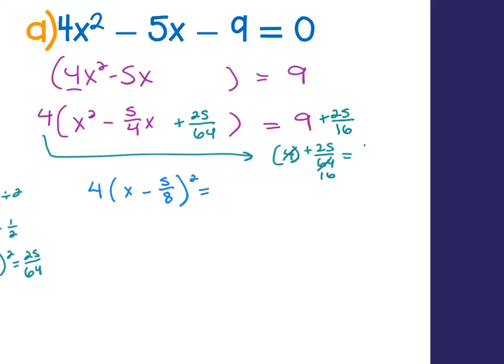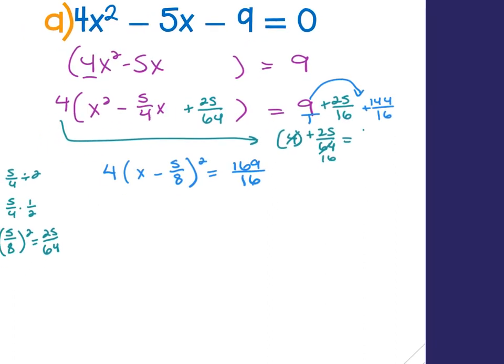And then I have to add 9 and 25 sixteenths. So 9 over 1 becomes 144 over 16. 144 plus 25 is 169 over 16.